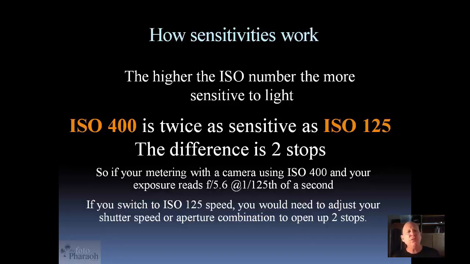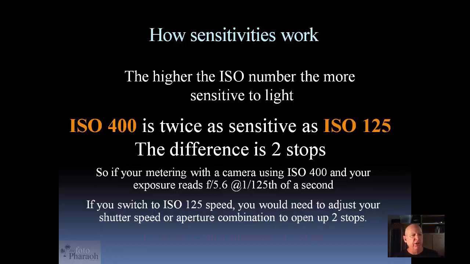So if you were out shooting and you had your camera set at ISO setting 400 and your exposure is f5.6 at 1/25th of a second, here as we say in the slide, but if you switch your ISO for the next shot to 125, to get the same amount of light hitting the sensor as you had in the previous shot, you would have to adjust two stops.